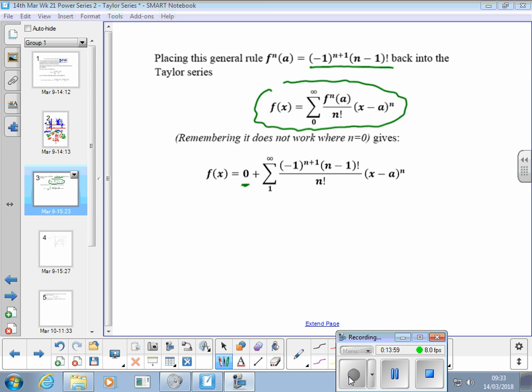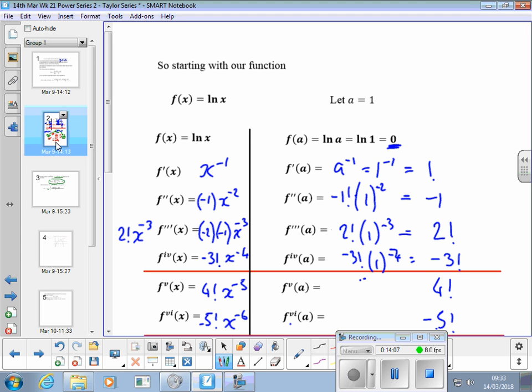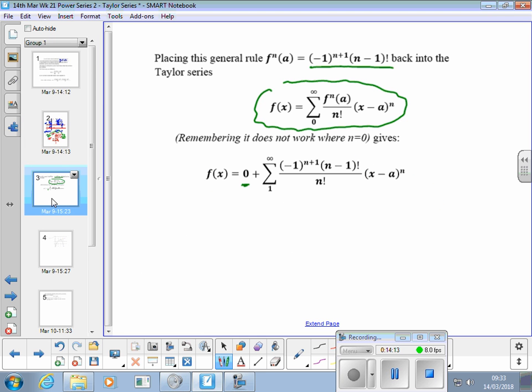And then we place our general term for f^n(a) in here over n factorial, like so, and then we can expand that.